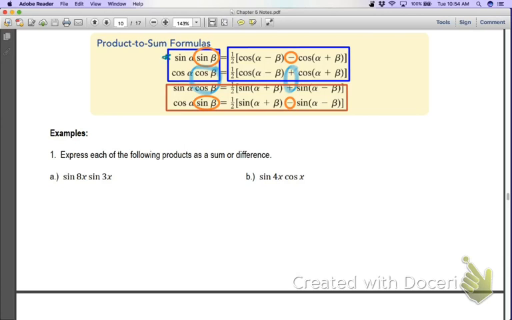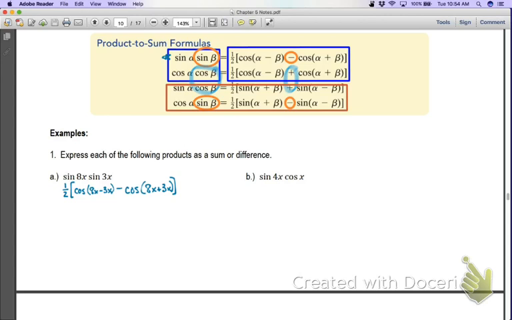So I'm going to have 1/2, the bracket, and I'm going to go cosine of 8x minus 3x, minus cosine of 8x plus 3x, close my bracket, and then really it just becomes from here.